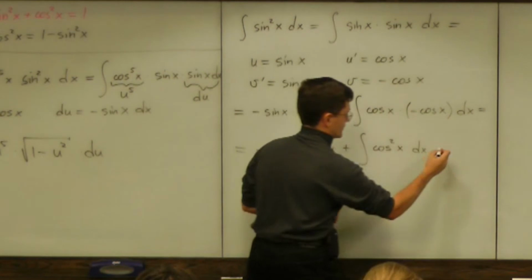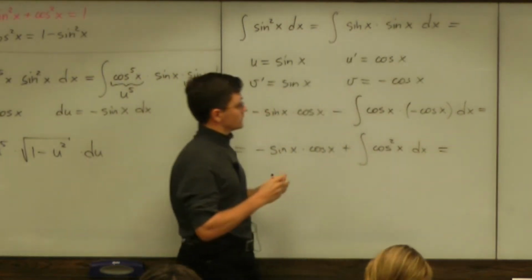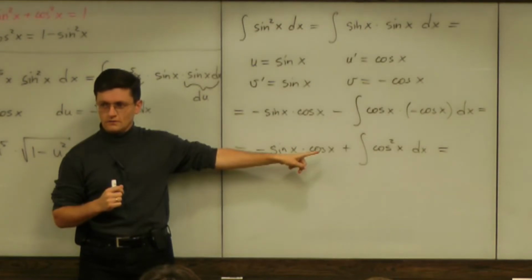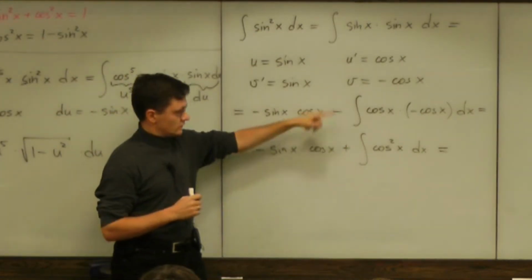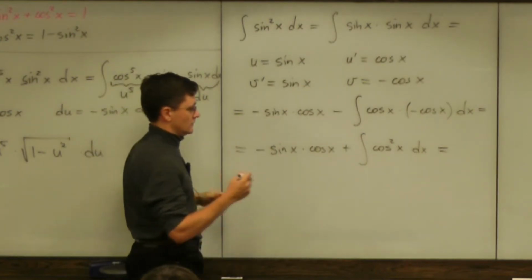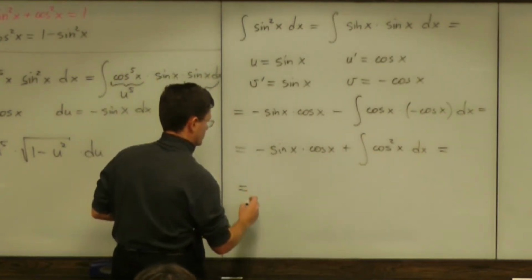Now, what happens here is that this integration by parts will not simplify the integrand. But then you have to use exactly that identity again. So let me apply that identity.